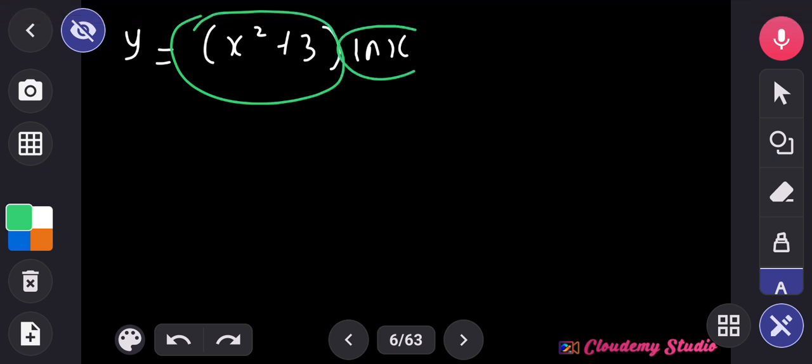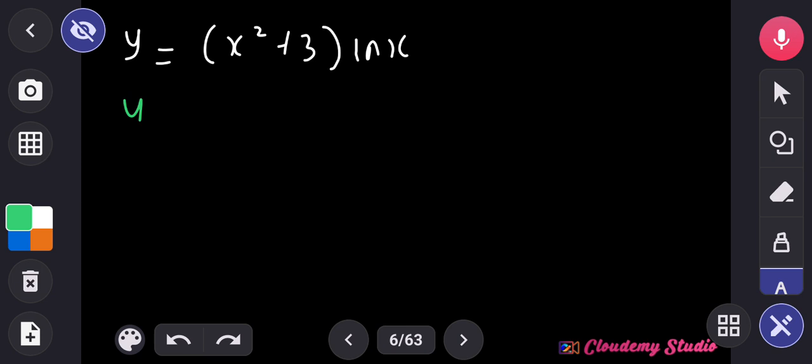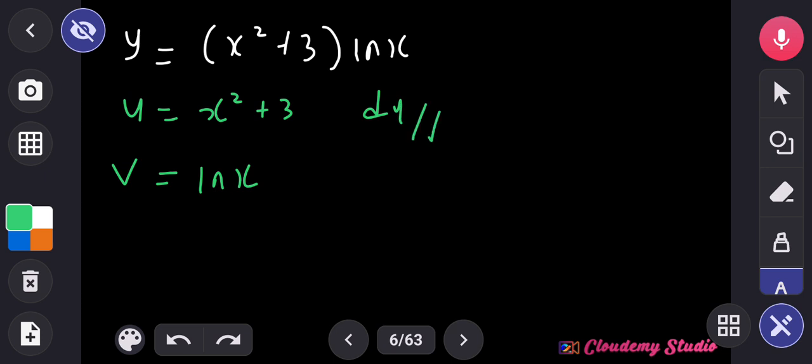We look at this one, it's a single function, and we look at this one, it's a single function, which means you can write this one as u and you can write this one as v. You understand? So the next thing is that we can say let our u equals to x squared plus 3 and our v equals to ln x. So the du upon dx will be equals to what?